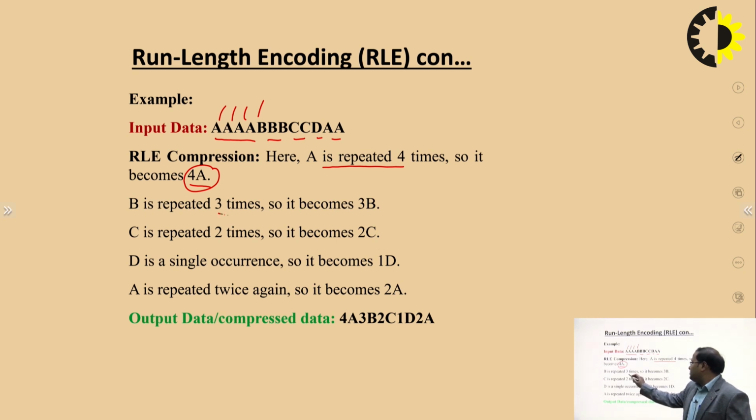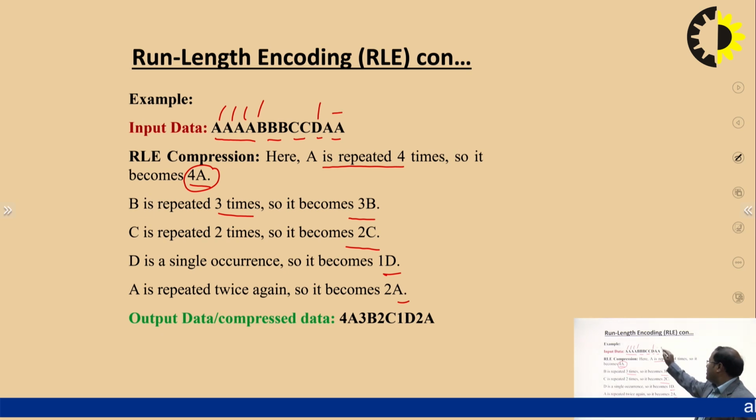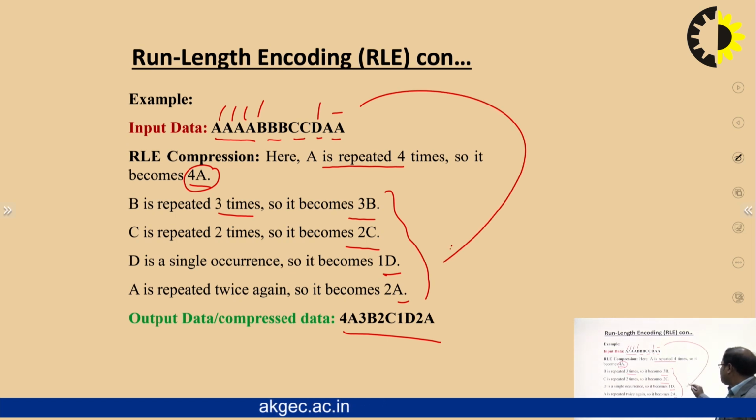Similarly, B is repeated 3 times, so it becomes 3B. C is repeated 2 times, so it becomes 2C, and D came only 1 time, so it is 1D, and A came 2 times, so it becomes 2A. After combining these, we get the output data, that is the compressed data, 4A, 3B, 2C, 1D, 2A. So we can say the size is reduced now.